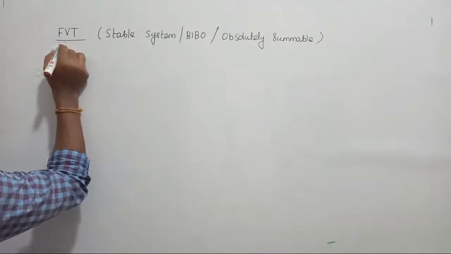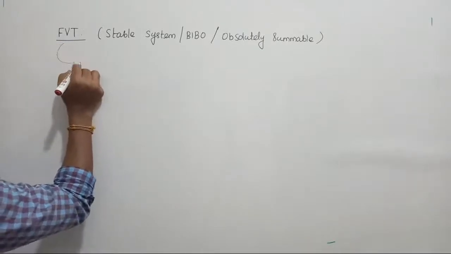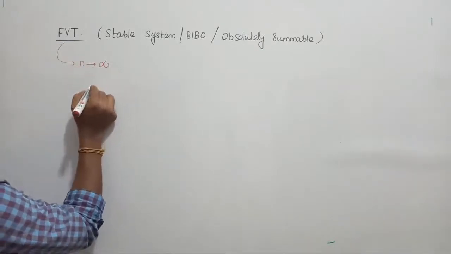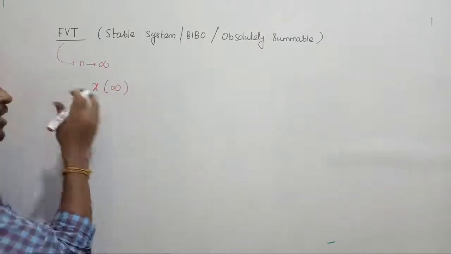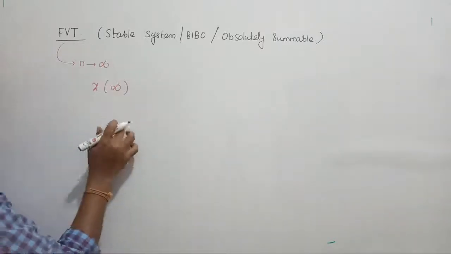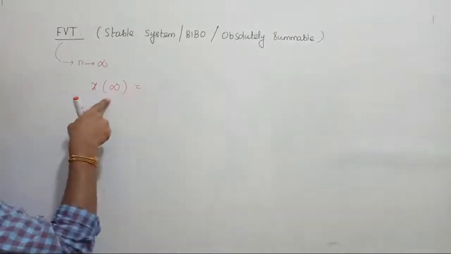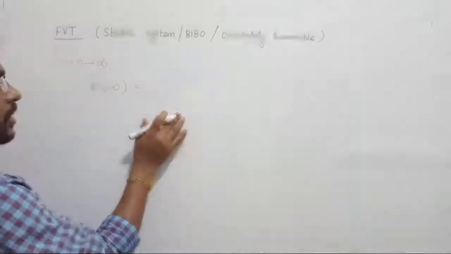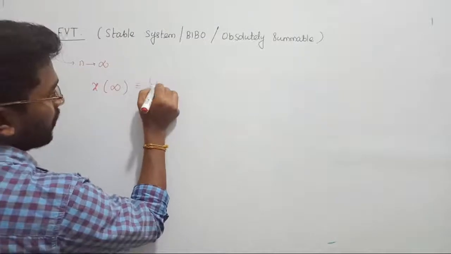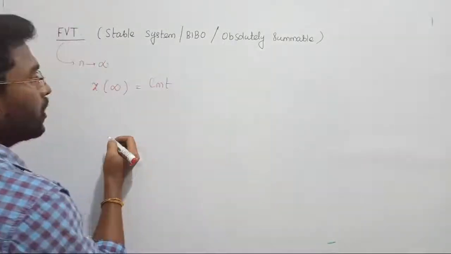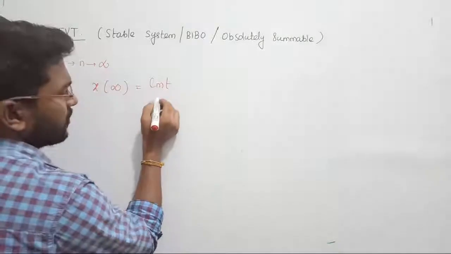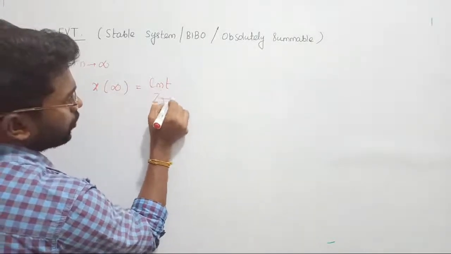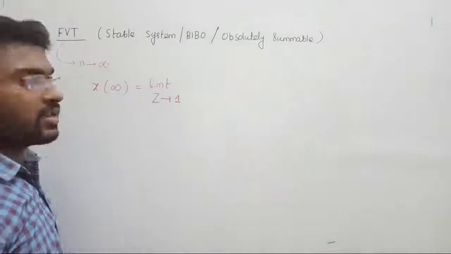The final value, with n approaching infinity, I'm requesting you all to find the value of x(∞), because we are trying to find the final value. For the discrete domain, the formula is the limit, where n approaches infinity whereas z approaches 1. We are considering the unity circle.